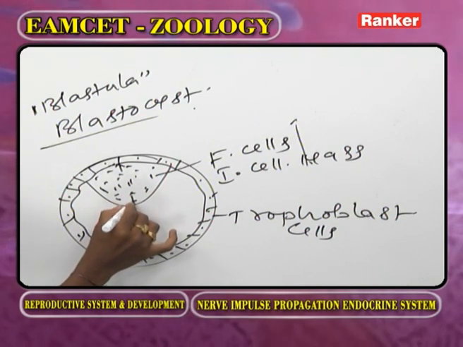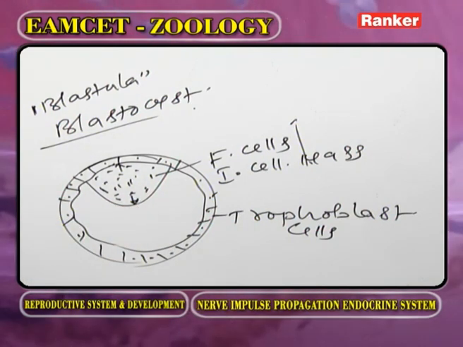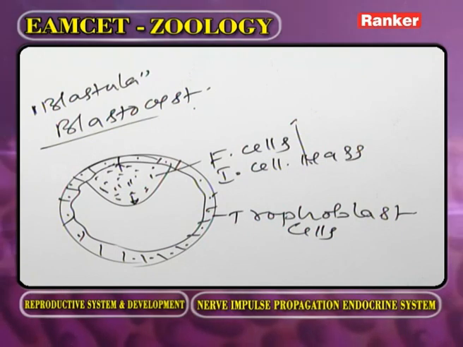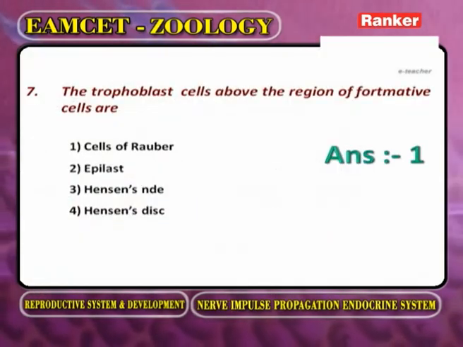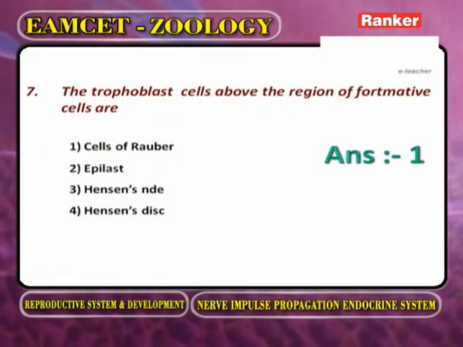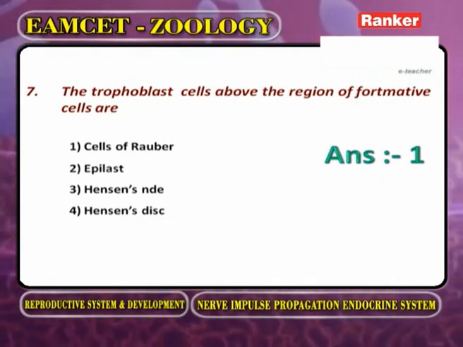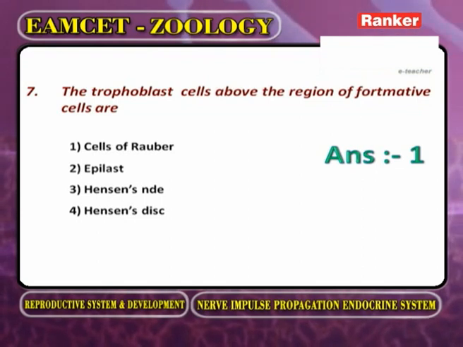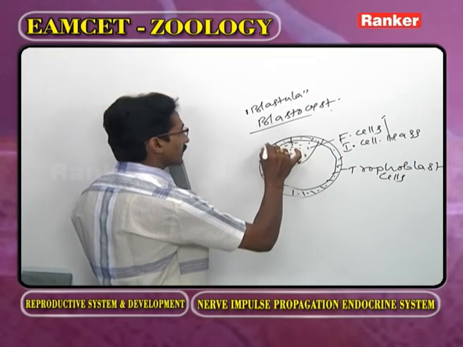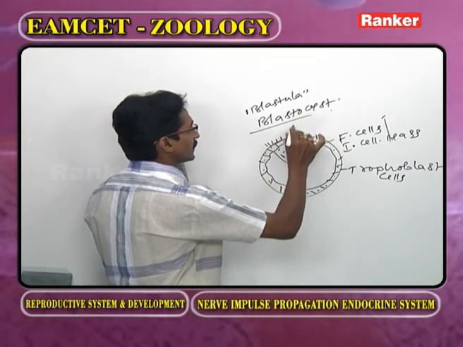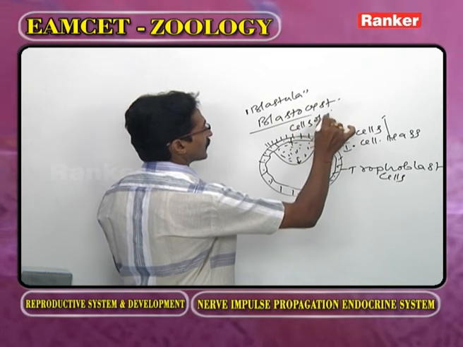This arrow mark indicates the ventral side. Now here you observe the question, the trophoblast cells above the region of formative cells. All these are formative cells. Above the formative cells, the trophoblast cells are called the cells of Rauber.